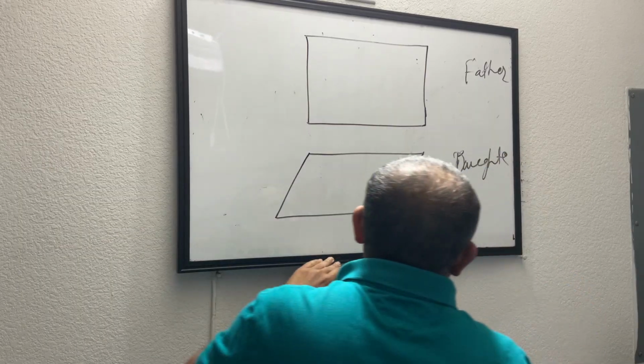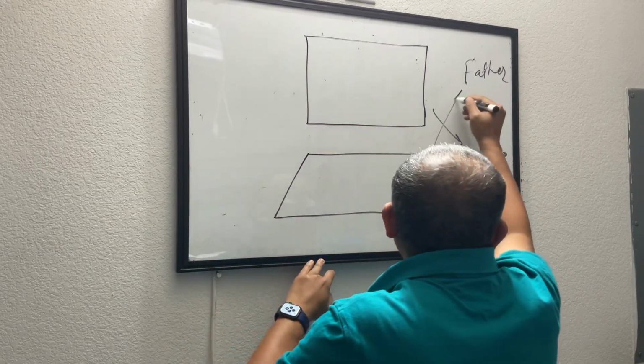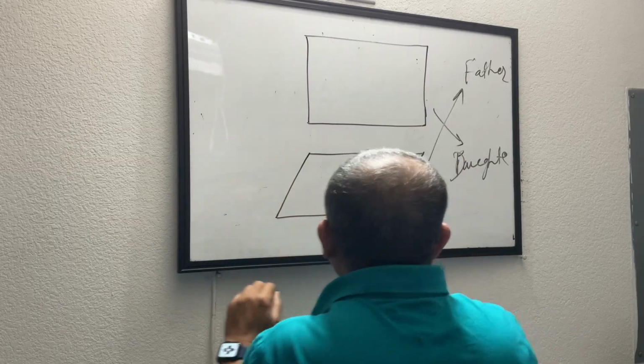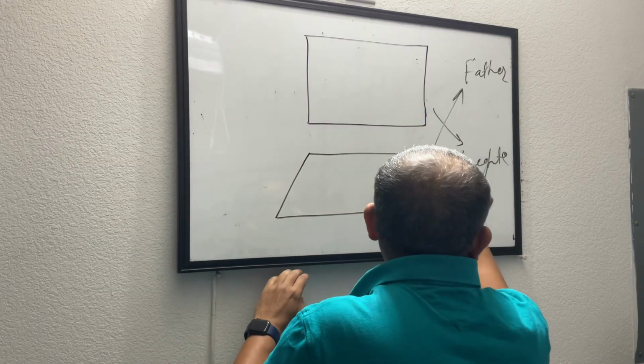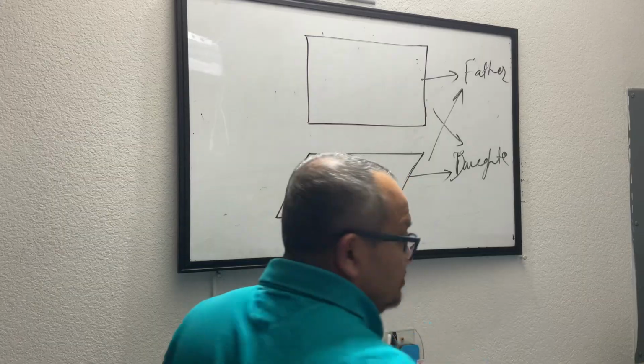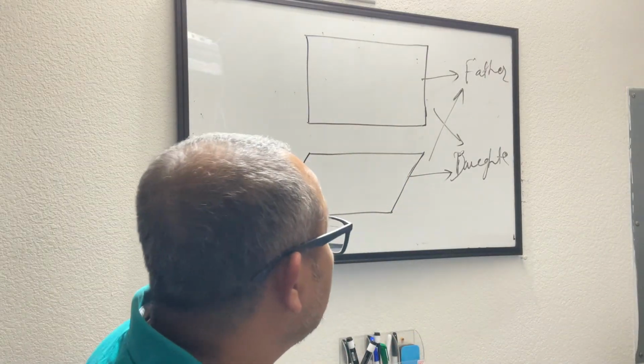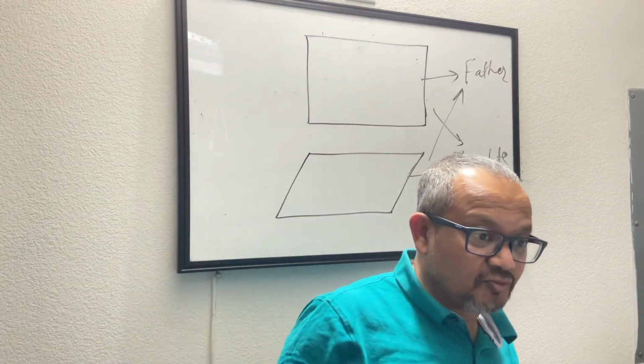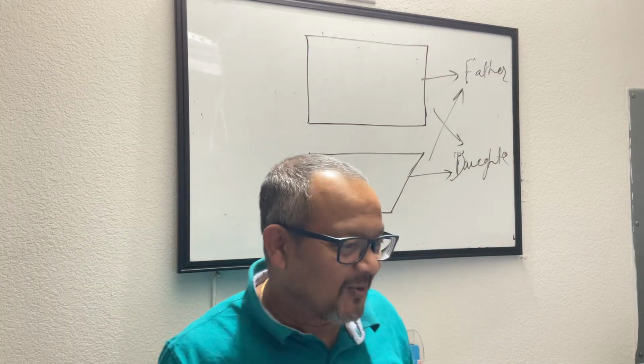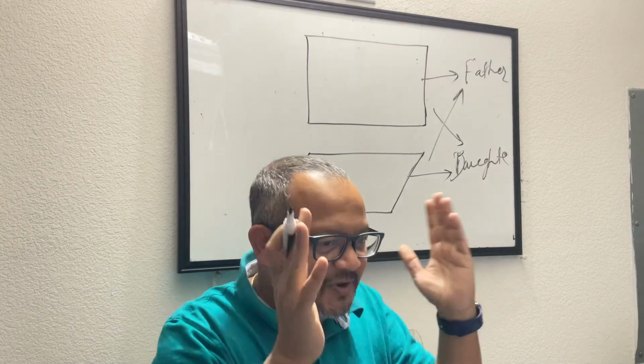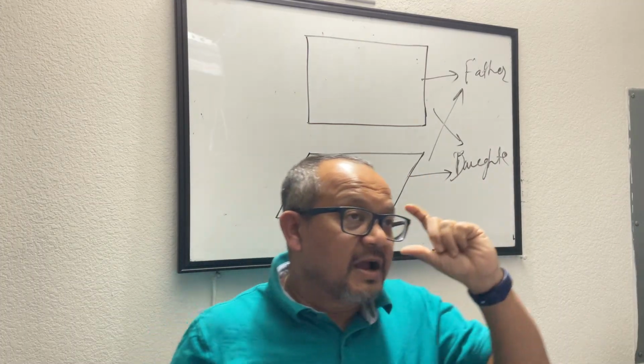I'm saying, will it be like this or will it be like this? It will be straight. Straight? And the answer is no. Because if you remember, what did I say?